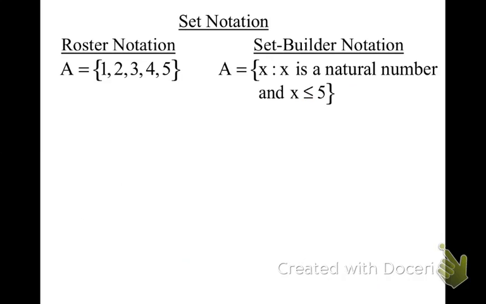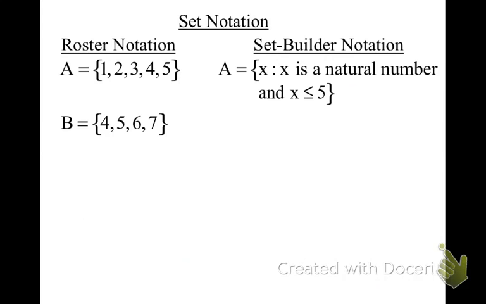So now let's try some set builder notation. Okay, this is the roster notation. Now for set builder, we're going to say set B is equal to, we're going to say X is such that, these are what kinds of numbers? They are natural numbers.